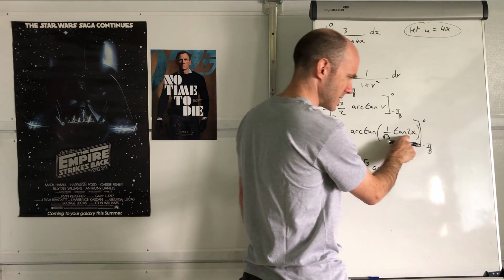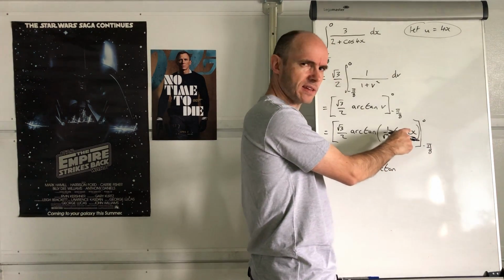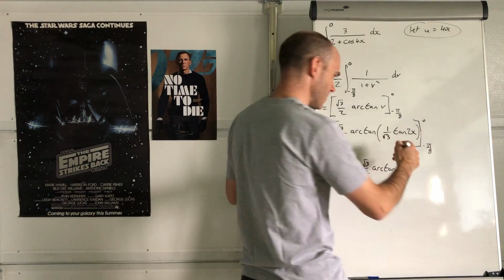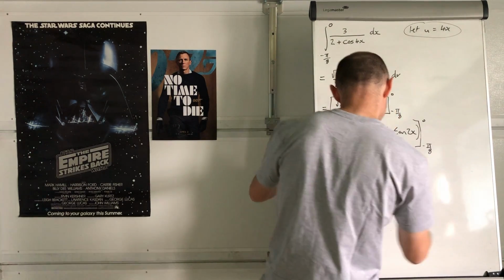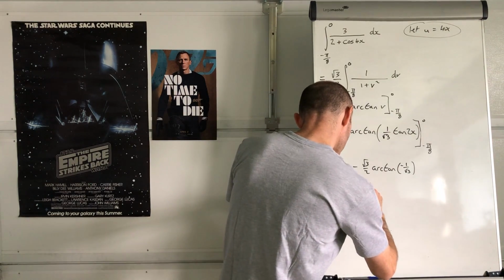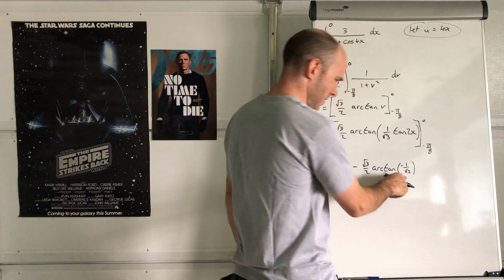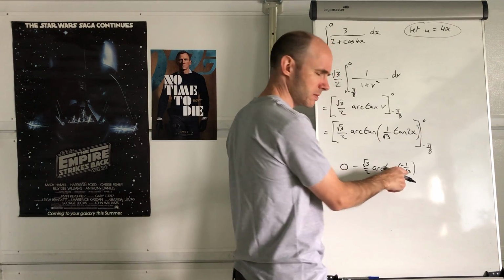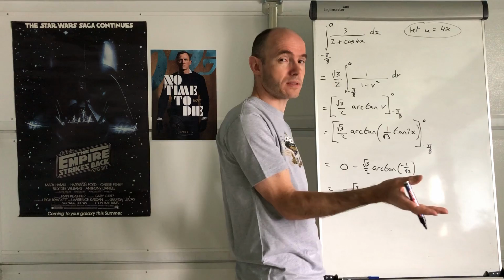So 2 times that is negative pi over 4. Tan negative pi over 4, negative 1. So arc tan of negative 1 over root 3. Okay, so that is going to be negative root 3 over 2 multiplied by arc tan negative 1 over root 3. Arc tan 1 over root 3 is pi over 6, yeah?